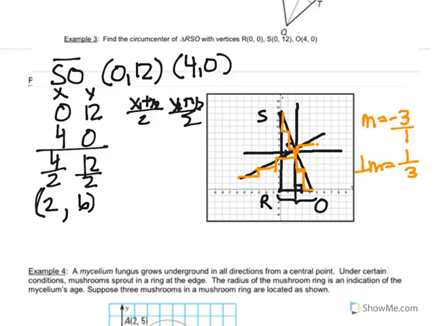Should have been right there. So I needed to angle it just a little bit flatter. But this is how you would figure out the slope. Since SO was negative 3 over 1, opposite and reciprocal would be 1 over 3, and that's how you could accurately draw your line. Okay, now let's go to number 4.